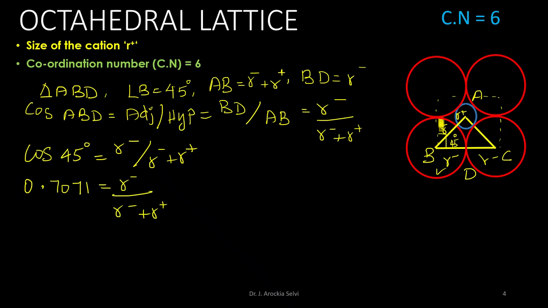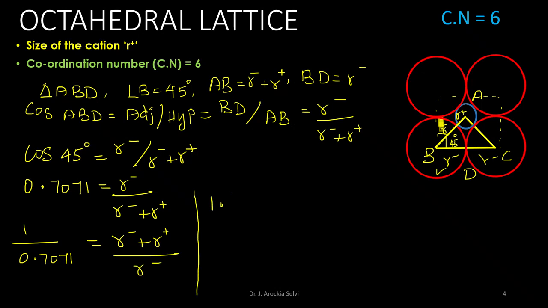Take the reciprocal of this one: 1 divided by 0.7071 equals R minus plus R plus divided by R minus. The value of this is 1.414. Then 1 plus R plus by R minus.